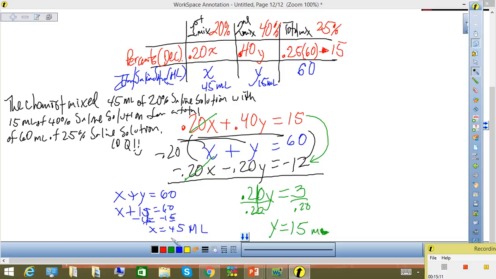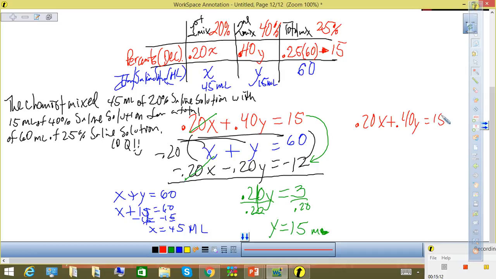Okay, here we go. We have 0.20x plus 0.40y equals 15. And we have x plus y equals 60. What can we do? Patrick. Multiply the bottom one. 1 over 5. Well, it's the same thing as that, right?